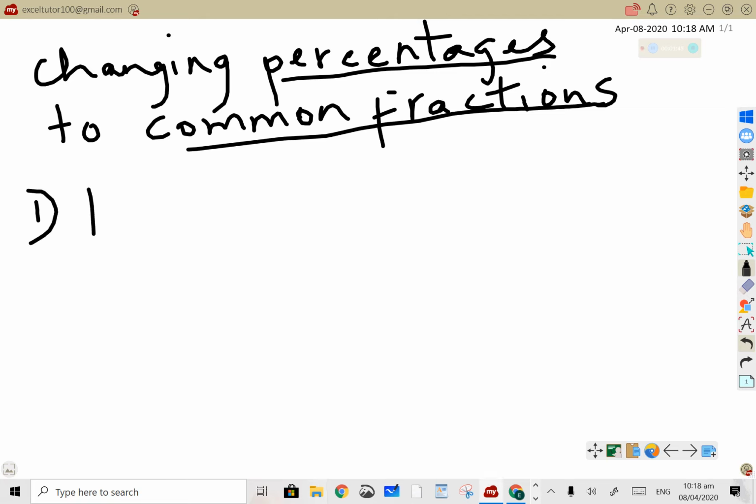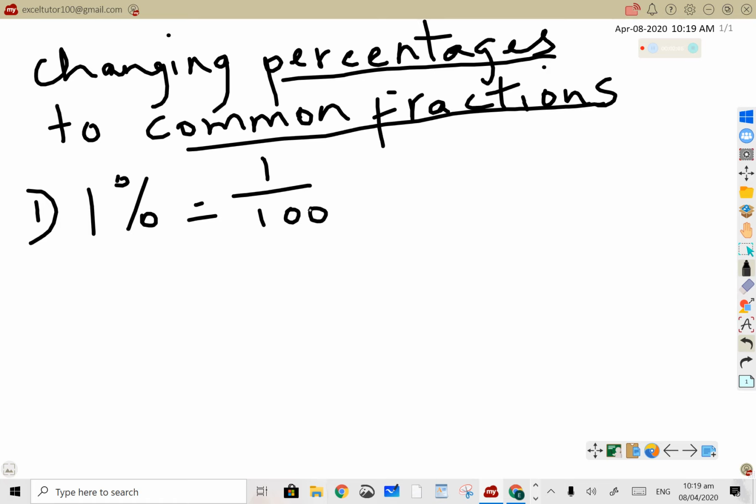So number one, we have 1%. And how do we change a percent to a common fraction? All we do is put the percent over 100. Okay, now this one is simple because we don't have to reduce it or simplify it.